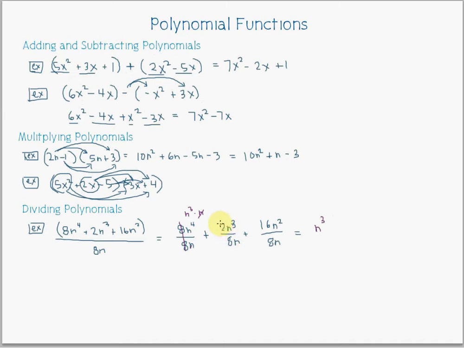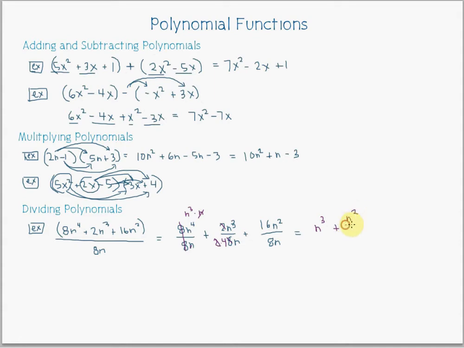Here we've got 2 and 8. 8 is the same thing as 2 times 4, so we can cancel those two 2's and we're left with just 4. One of these n's can be taken out as well, so we have n squared.